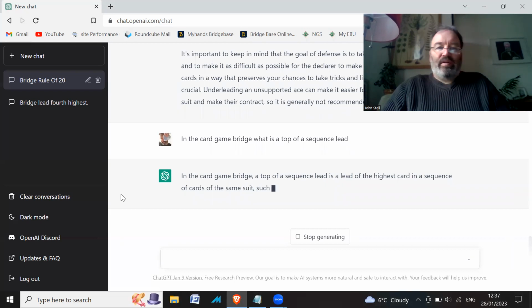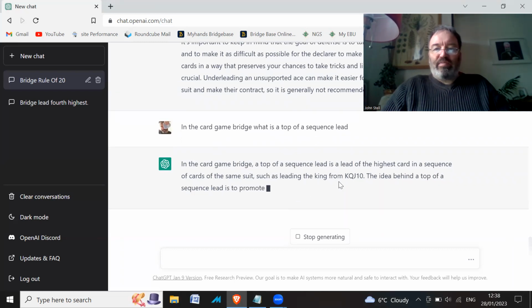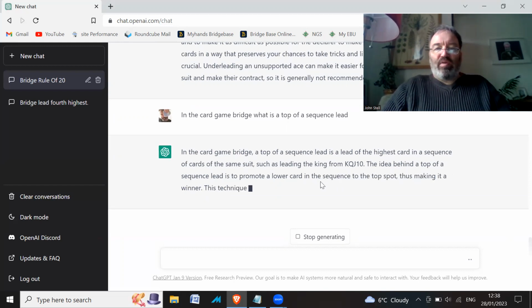So in the card game bridge, a top of a sequence lead is a lead of the highest card in a sequence of cards in the same suit, such as leading the king from king, queen, jack, 10. The idea behind a top of a sequence lead is to promote a lower card in the sequence to the top spot, thus making it a winner.